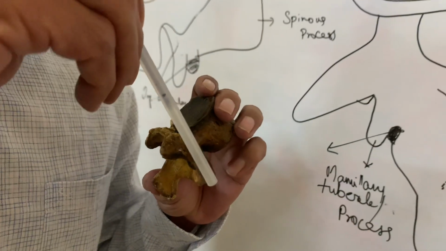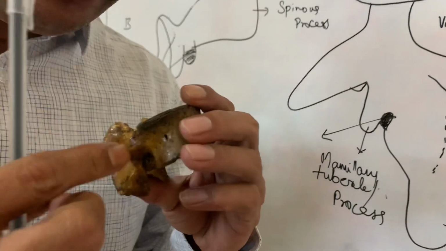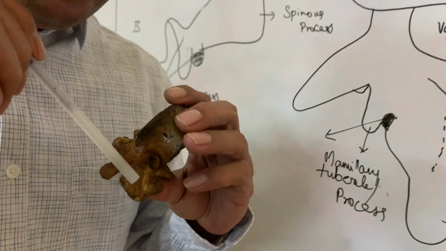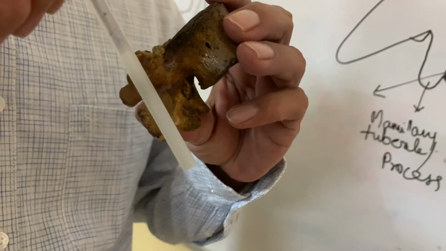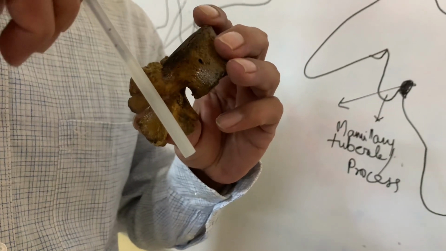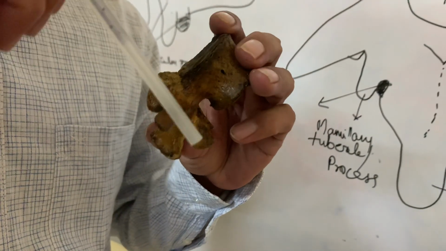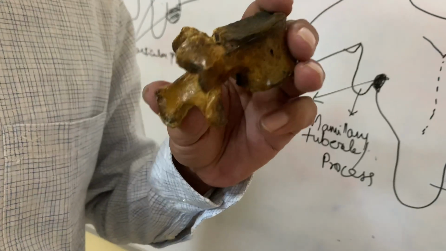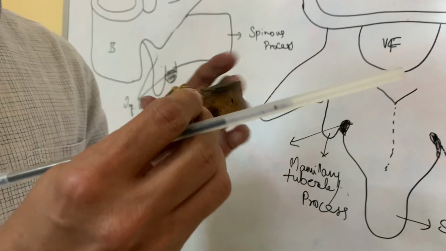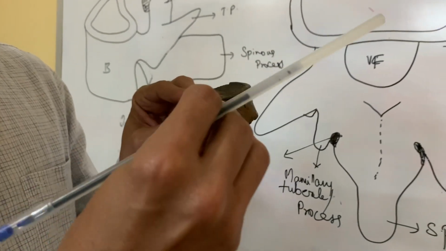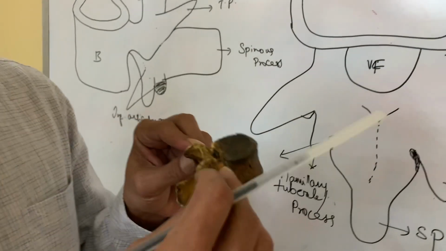Along the anterior aspect, you can feel a thin ridge. That ridge gives attachment to the anterior layer of thoracolumbar fascia. The area lateral to this ridge gives attachment to the muscle quadratus lumborum. So this is about the transverse process and its attachments.